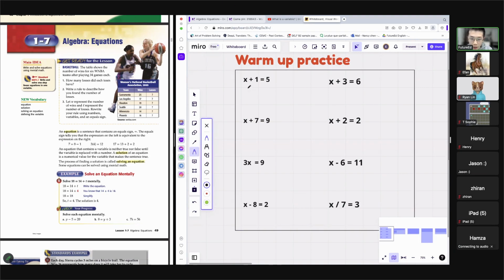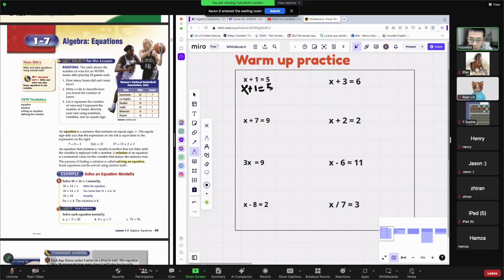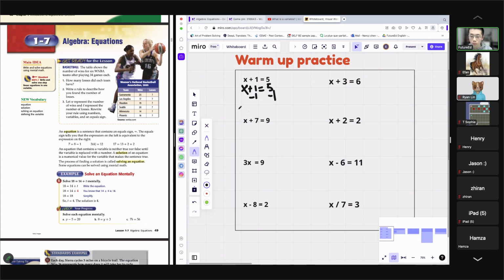Okay, so we subtract 1 from both sides. We have x plus 1 equals 5. If we subtract 1 from both sides, what do we get on each side, Henry? What do we get on the left side? 0. Okay, so do I just put a 0?